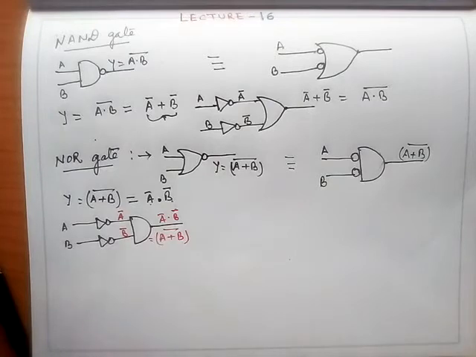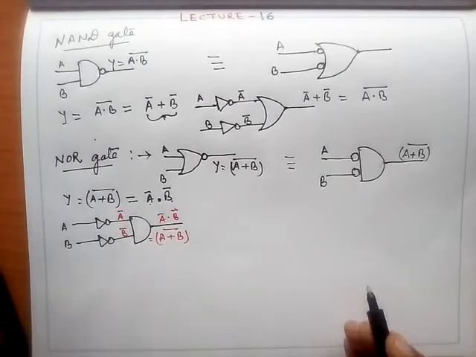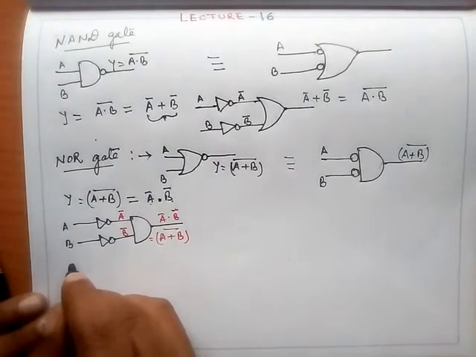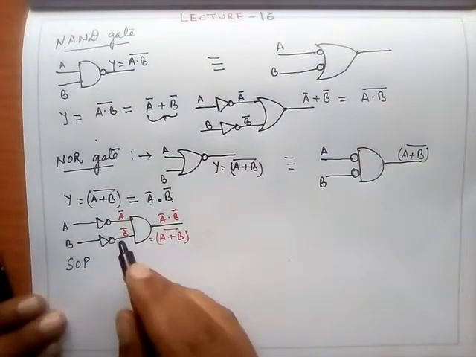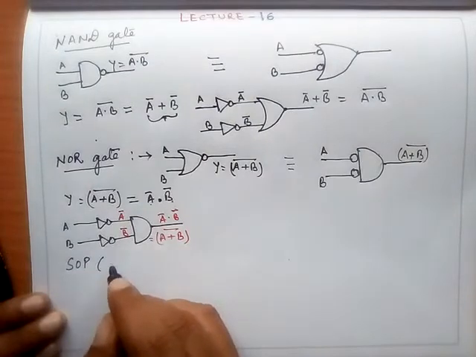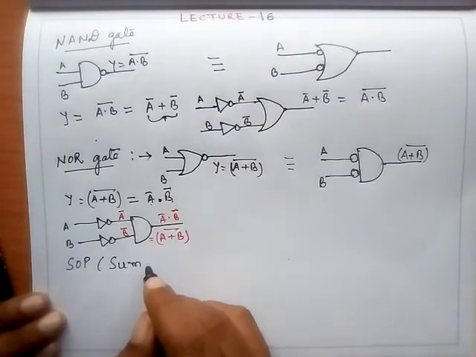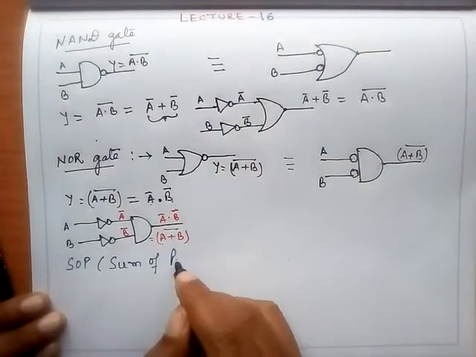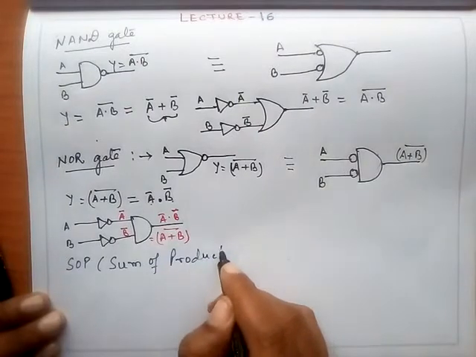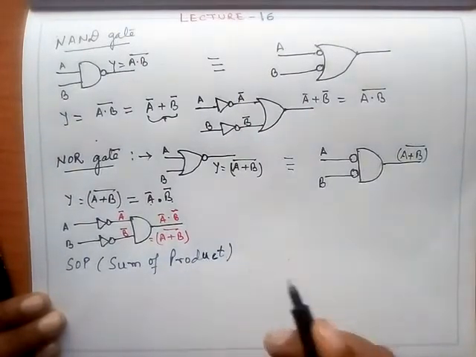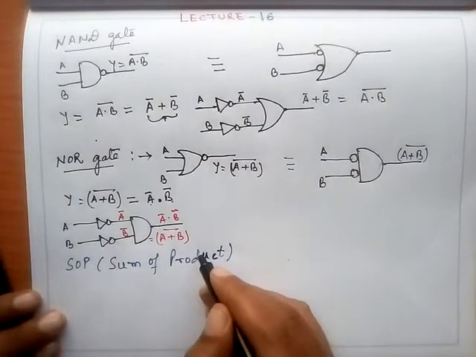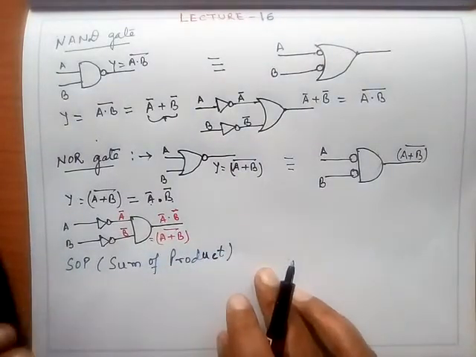Now next, let me discuss the next topic with you, that is SOP form. SOP stands for sum of product. A Boolean function can be represented in two forms.